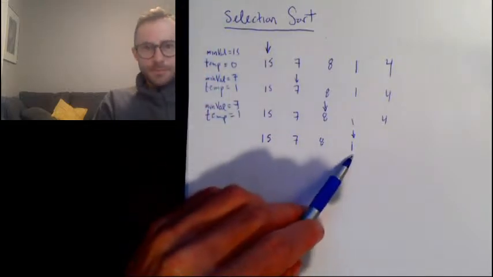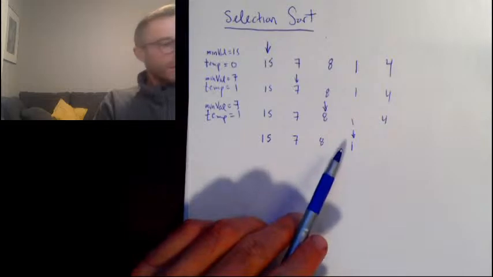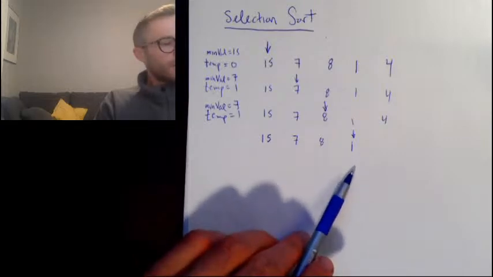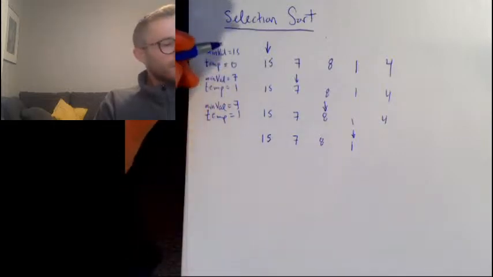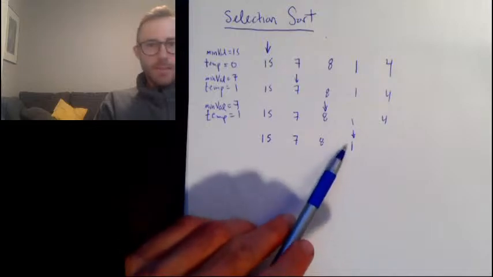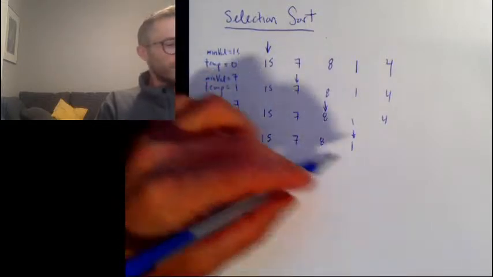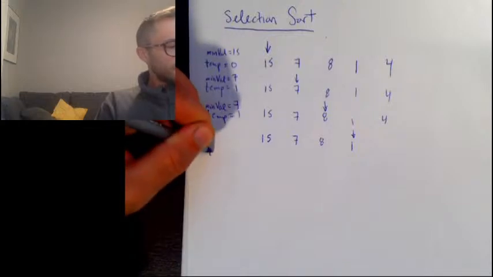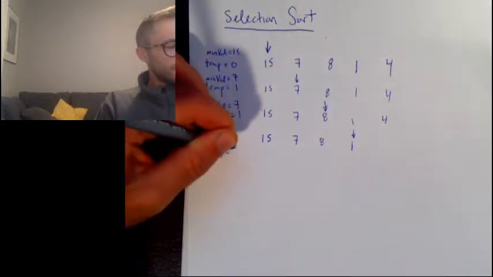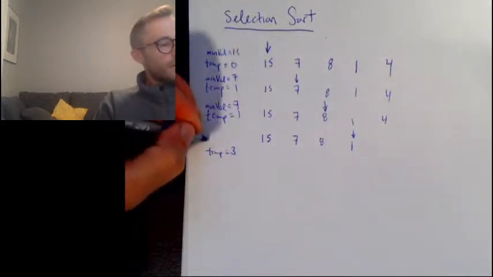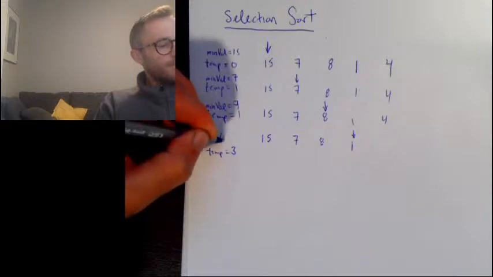But now I know that the minimum value is actually 1. So now I'm going to set temp equal to 3, counting 0, 1, 2, 3. And the minimum value is 1.